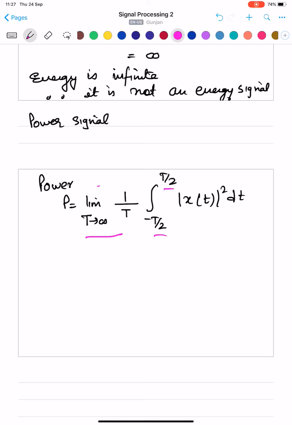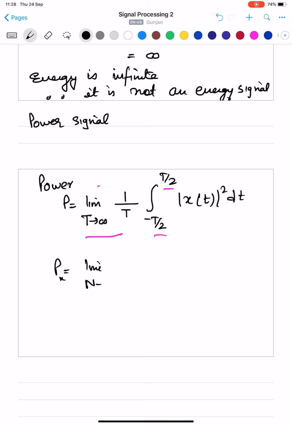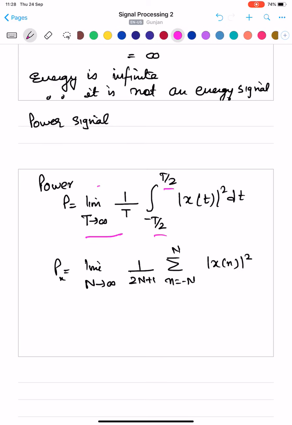And in a similar way, in the discrete time domain, it is equal to, if I denote by N for the discrete time domain, the limit as N tends to infinite of 1 upon 2N plus 1 times the summation n equals minus N to N of mod of x(n) squared.